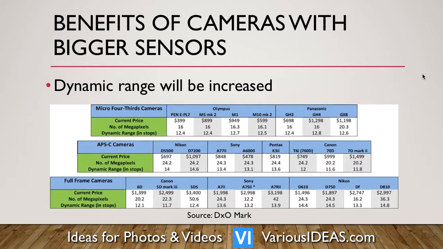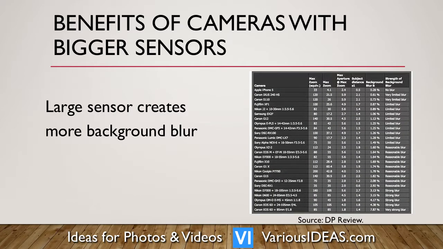Also, a large sensor creates more background blur. We have a chart here by DP Review. You can see here that the Apple iPhone 5 has no blur, and small pocket cameras in general have very limited blur.